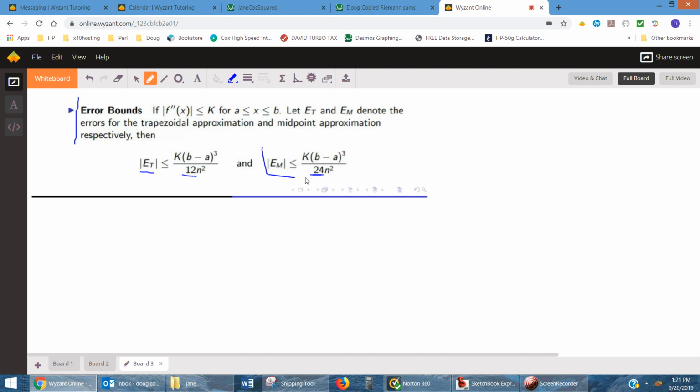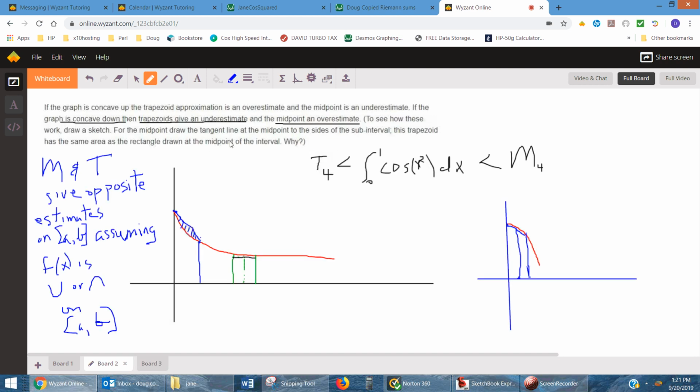So this kind of shows you that the midpoint rule always has less of an error than the trapezoidal rule because the denominator is bigger for the same number of subintervals. Okay, and then make note of this fact: if the graph is concave up, the trapezoid approximation is an overestimate, and the midpoint is an underestimate. So here's this red curve, just to give you the idea.